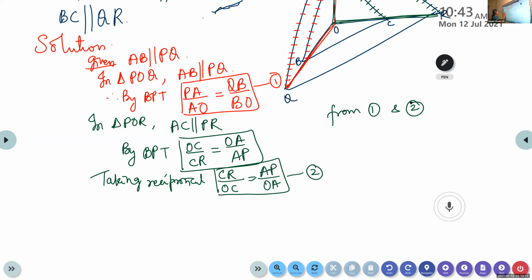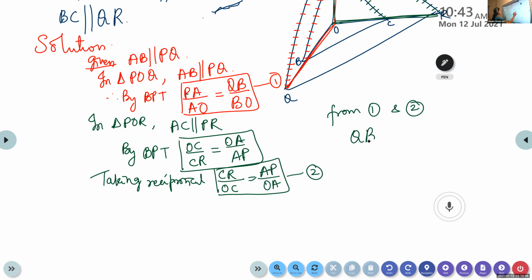I want to compare. Here it is in the form PA by AO, and here it is AP by OA. To make it the same, I am taking the reciprocal. So when you take the reciprocal, it becomes AP by OA. Now compare it. What will you get?